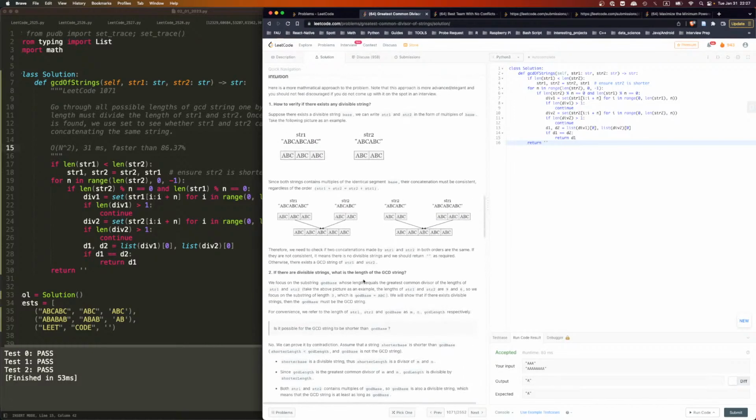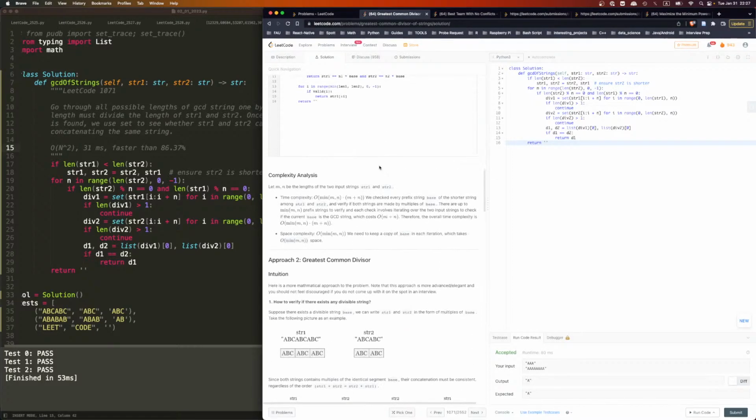Holy guacamole. Huh. So basically, we concatenate them. That is true. If it exists, then if I concatenate them, then we go both directions. It should be the same.